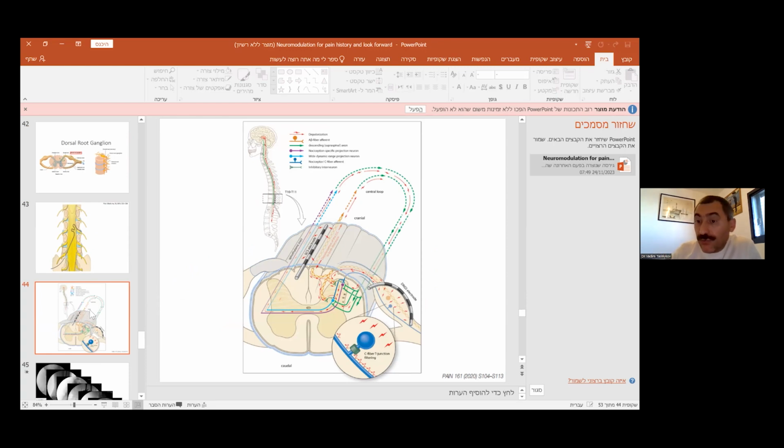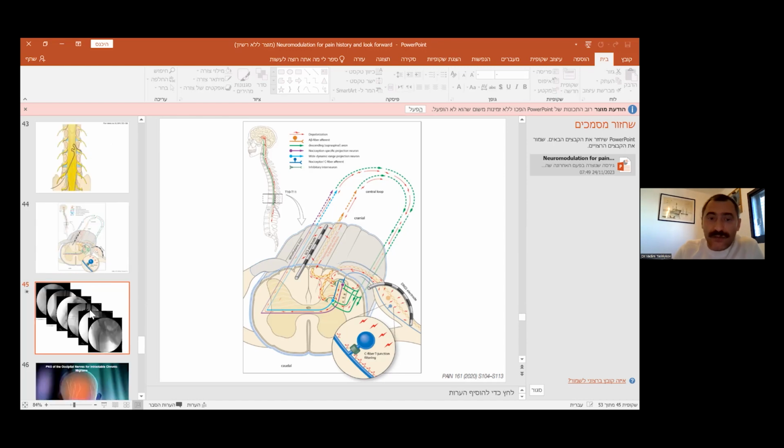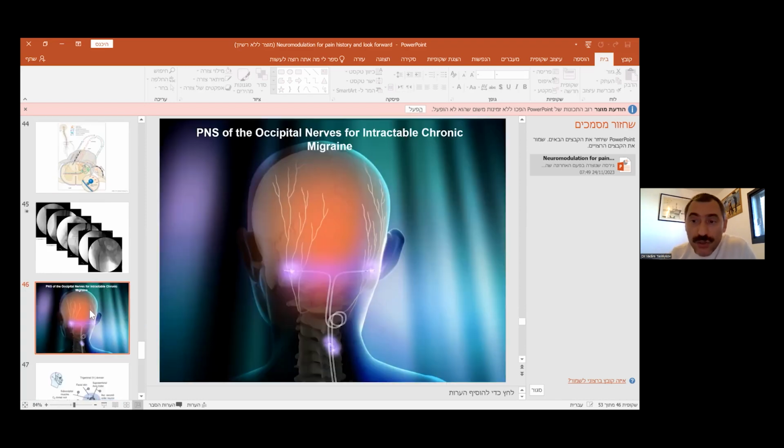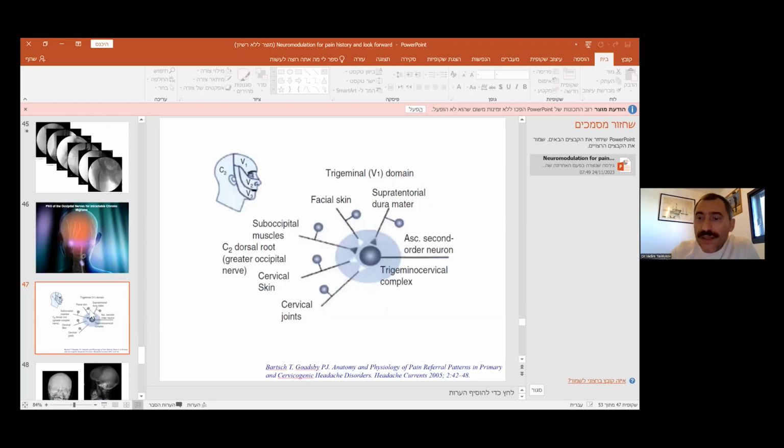It led us to put electrodes even in the periphery to stimulate different peripheral nerves and make improvement in the pain in specific areas, including occipital nerves. This is a very important thing: we can stimulate the occipital nerve with changes in the electricity in the brainstem, with desensitization of the so-called trigeminal vascular complex.